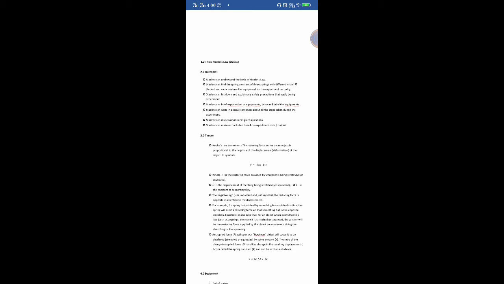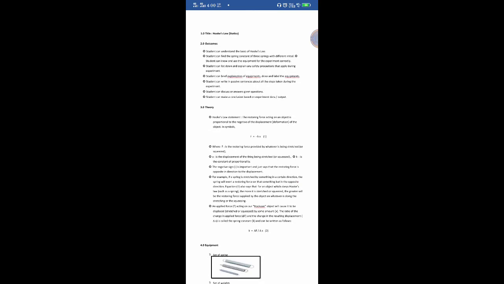Symbol: F equals negative kx, in equation 1, where F is the restoring force provided by whatever is being stretched or squeezed. x is the displacement of the thing being stretched or squeezed. k is the constant of proportionality. The negative sign is important and just says that the restoring force is opposite in direction to the displacement.